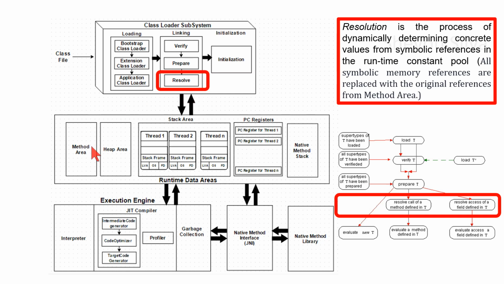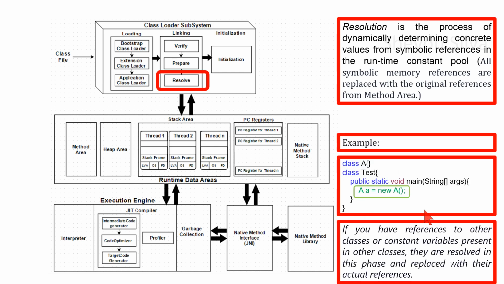This is the method area, and in this diagram, you can see the resolve call of a method defined in T. If you have references to other classes or constant variables present in other classes, they are resolved in this phase and replaced with their actual references.